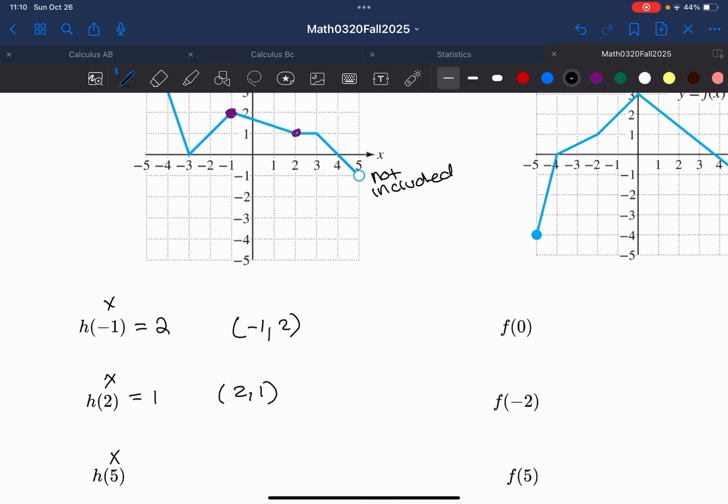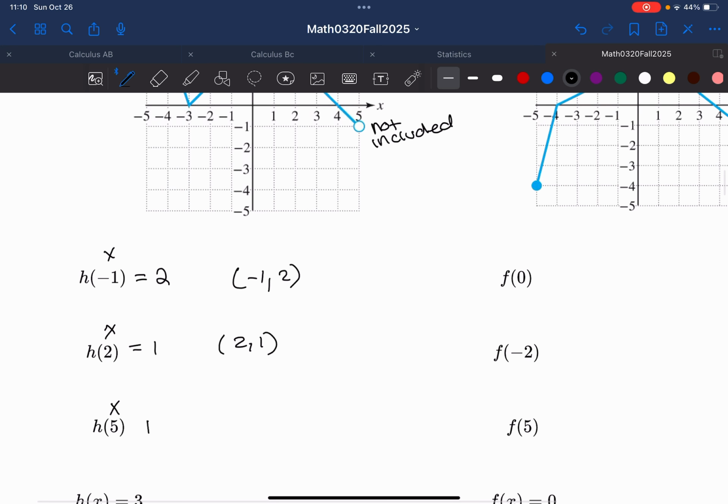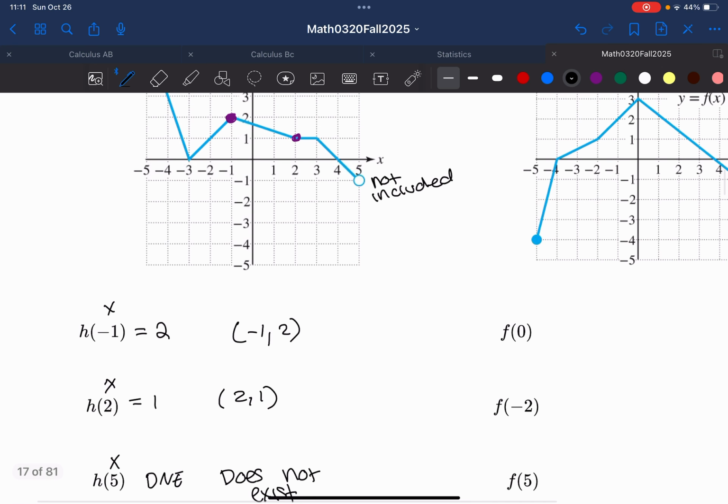Which means that even though it looks like I can find a point where x is equal to 5 here, I can't include that value. So that means h of 5 does not exist. So I either write DNE, or I write does not exist. And again, that is because of this open circle here.